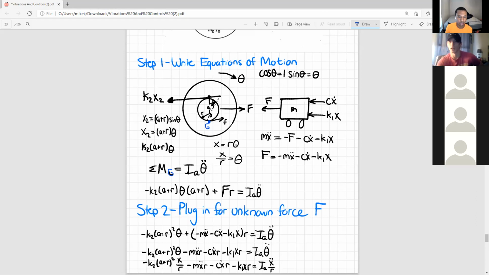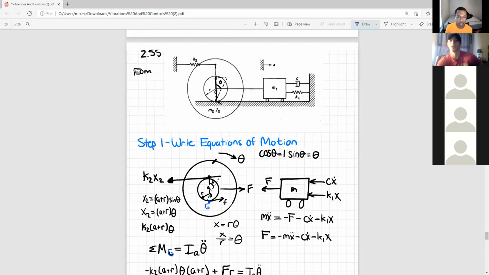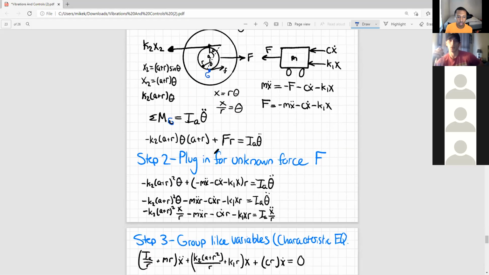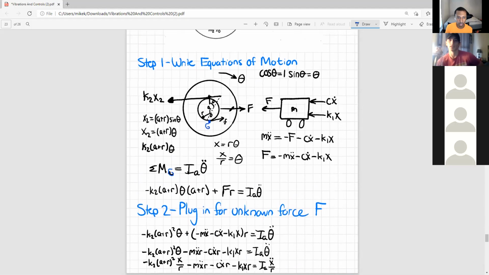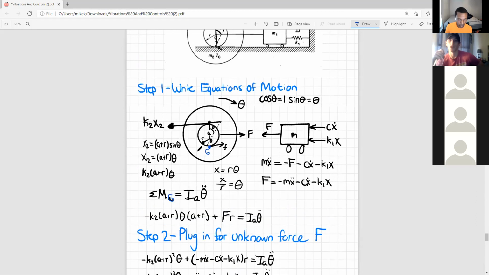It might help to solve it out, but if you can get the free body diagrams and the first line of equations of motion, that's the hardest part. After that, it's a lot of algebra. I mean, maybe a derivative here and there.